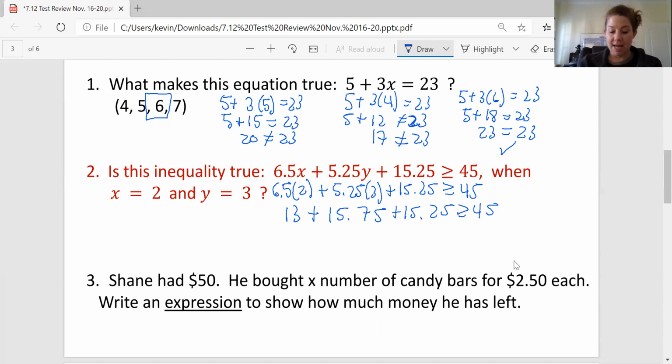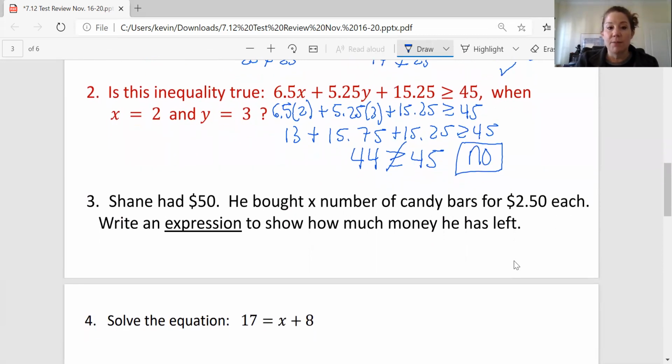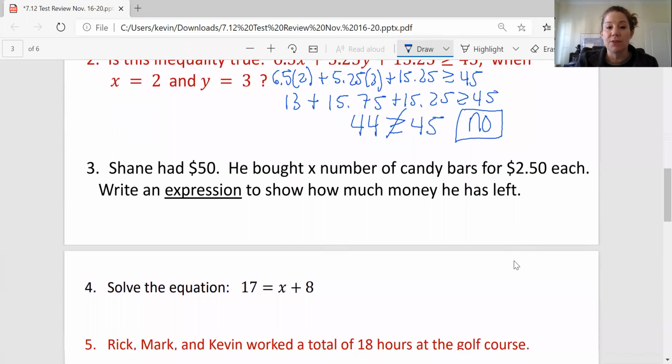So finally, we're going to add 13 plus 15.75 plus 15.25 equals 44. Is 44 greater than or equal to 45? No, it is not. 44 is not greater than or even equal to 45. So we just plugged in those numbers for each of those variables.